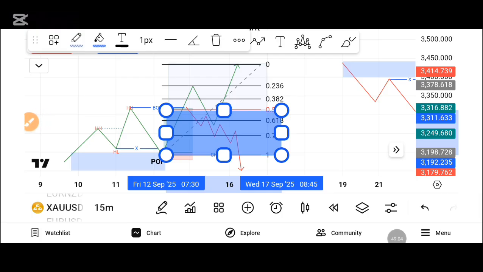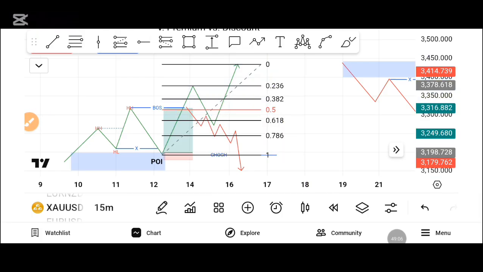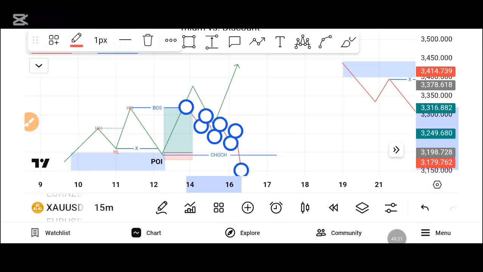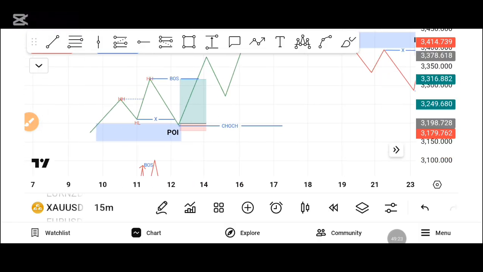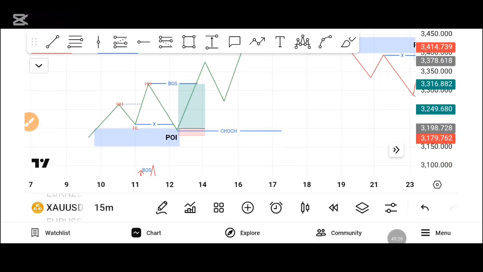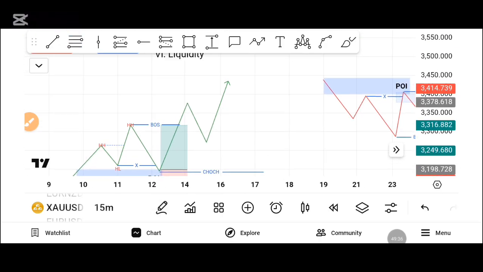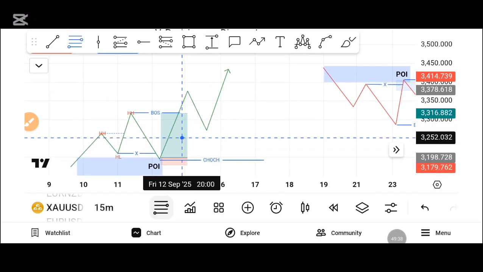Don't worry guys, you will understand this concept as we keep diving forward. Your premium versus discount is half of your swing move, and you can easily identify it by bringing out your fib retracement tool.